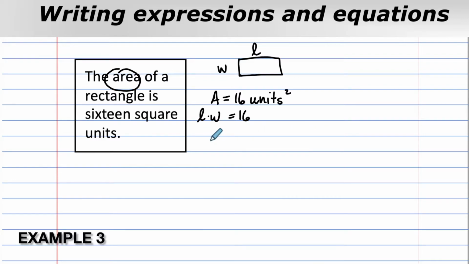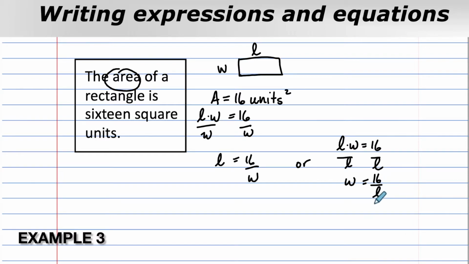We can also say that if we divide by w, length is 16 divided by w, or, and we want w by itself, we can divide by L. So w equals 16 over L. 3 ways to write our equation.